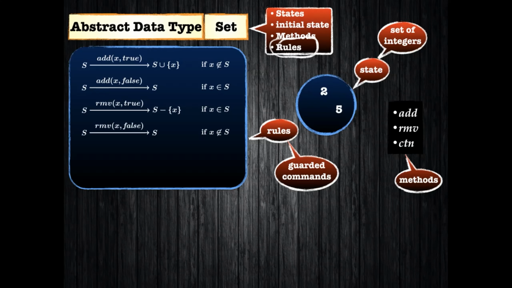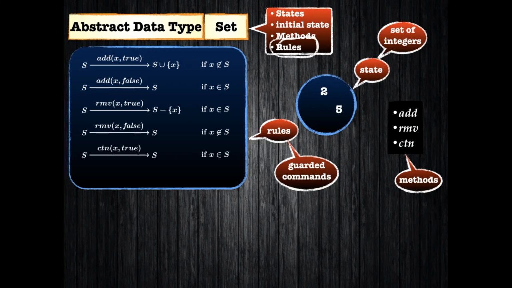While the dual rule for failure is that if X is not in the set and you try to remove it, then the abstract data type performs this atomic operation in which it accepts X, but it returns false, and internally it will not change its own state. And finally, we have the contain rules.